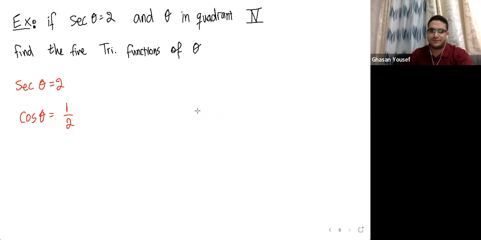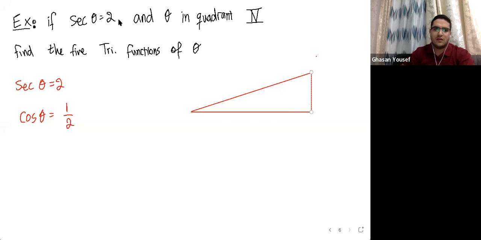Now graph a right triangle like this. My angle is here. This is theta. Again, the cosine function equals the adjacent over the hypotenuse.